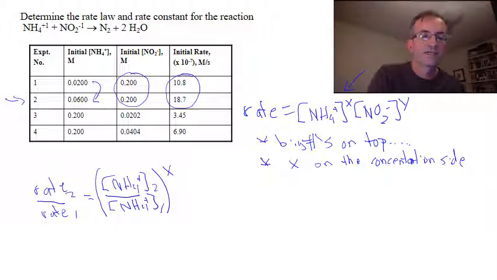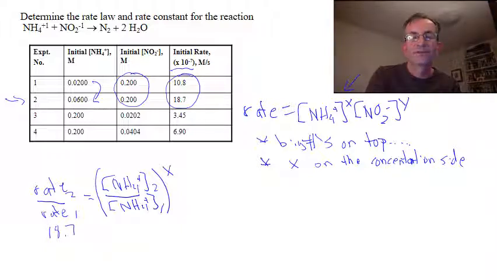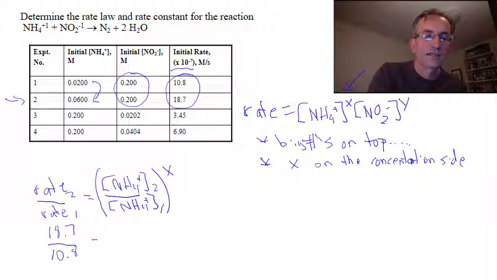Now we'll plug in and solve. The rate in experiment 2 was 18.7. You notice it says times 10 to the minus 7, but that would be on top and on bottom, so that cancels out and we can ignore it. On the bottom goes experiment 1, and on the right-hand side go the concentrations: the concentration for experiment 2 and the concentration for experiment 1.